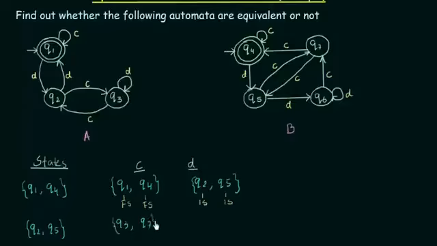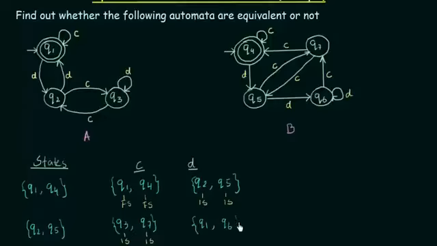Q3 is an intermediate state, a non-final state, and Q7 is also an intermediate state. Now let's see where they go on getting input D. Q2 on input D goes to Q1, and Q5 on input D goes to Q6.